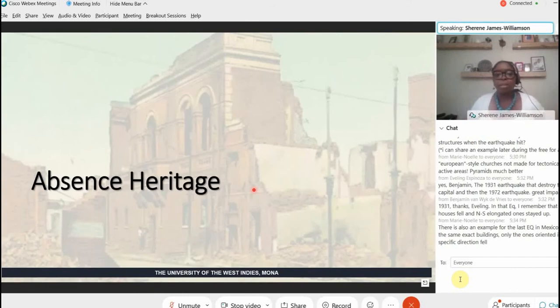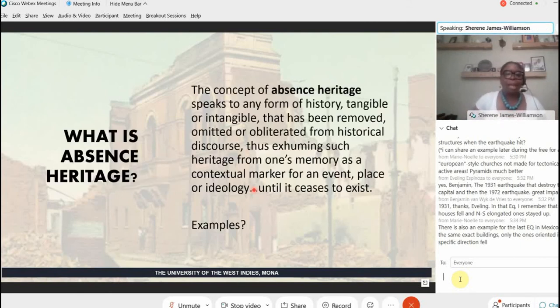So that brings us to, why am I telling you all of this? Why am I showing you these horrific pictures about an earthquake? So it's about absence heritage. What is it? Basically, it speaks to any part of history, tangible or intangible, that has been removed, obliterated, omitted from discourse, from discussion, from our memory by virtue of not having markers or not having anything that would give it context or give it life.